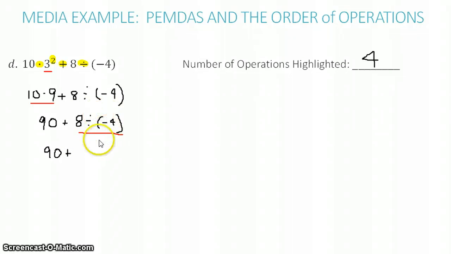Since one of the numbers is negative, our result is negative 2. And again, I put the negative in parentheses just so it doesn't confuse us with the addition symbol. And now our last step is 90 plus negative 2, which is like 90 minus 2, or 88. So 88 is our final answer.